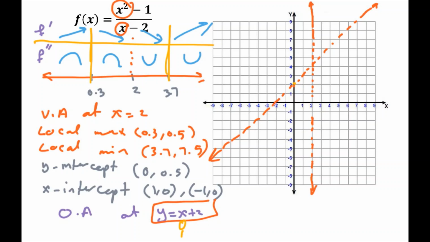First of all, 0 and 0.5. 0 and 0.5 is going to be here. And then the x-intercept 1, 0, negative 1 and 0. Now you can match between these points. Now if you think about 3.7 and 0.3.